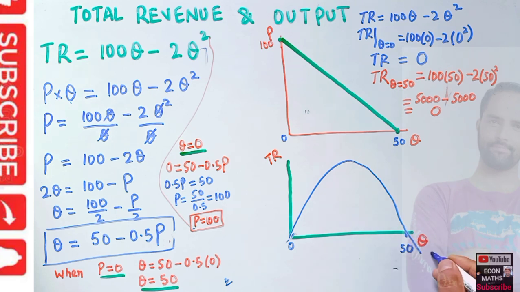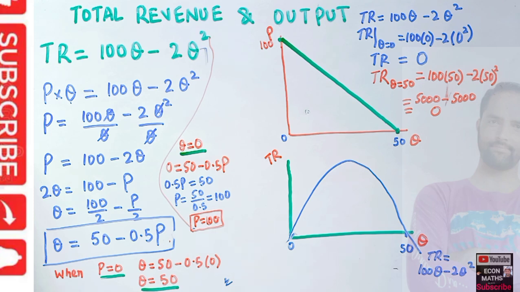This is our total revenue function, that is 100q minus 2q square. Our total revenue is 0 when we produce 0 units of output, and our total revenue is again 0 when we have 50 units of quantity demanded.